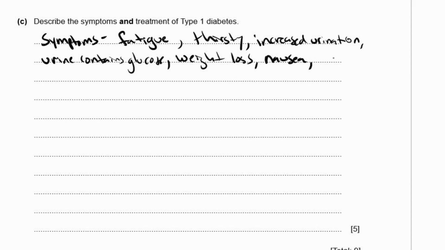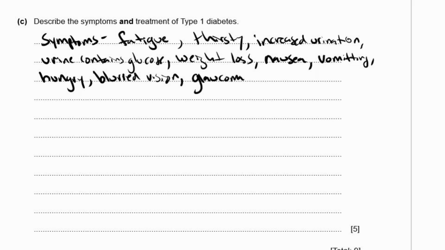They'll feel ill. They might vomit. They might have hunger. So they'll lose weight, but they'll be very hungry. And they could have blurred vision. They're not using their sugars as they should be using them. They could have glaucoma.